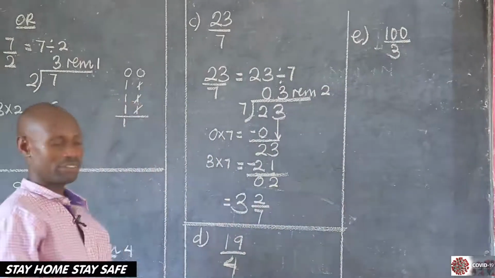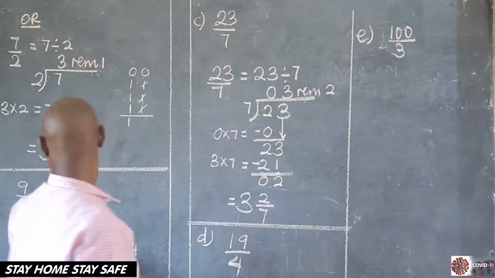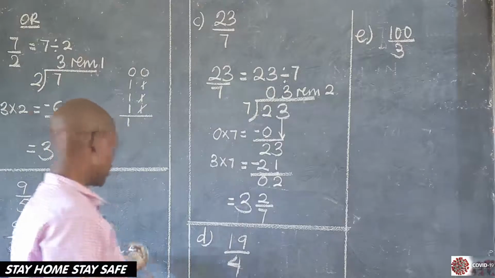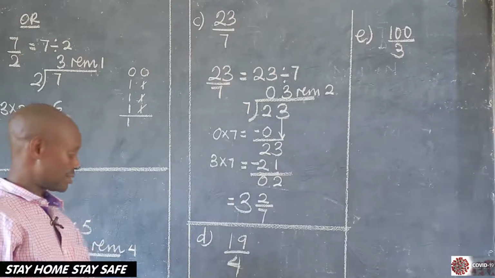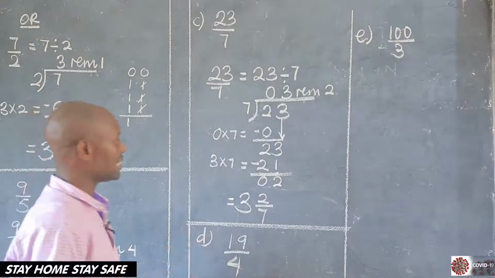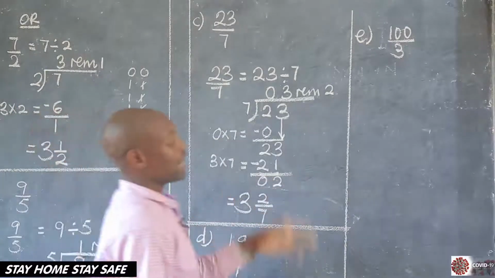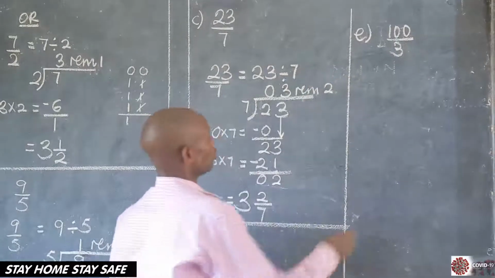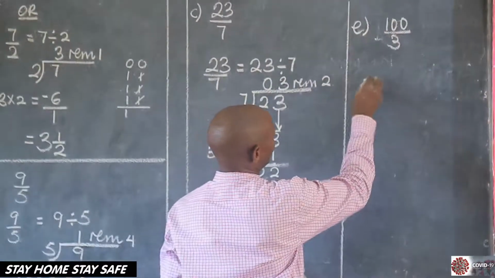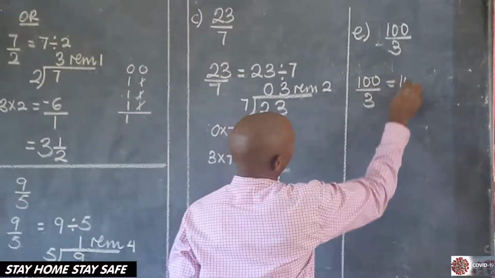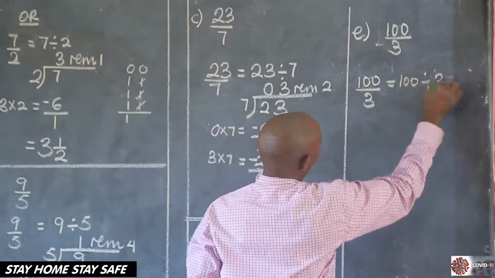I have so far given you 3 methods, whereby we use repeated addition, long division, and the cancelling method. So I hope now you are comparing which one is the easiest. But what I can advise you, when they give you large numbers, long division becomes the simplest. So 100 out of 3 is the same as 100 divided by 3.